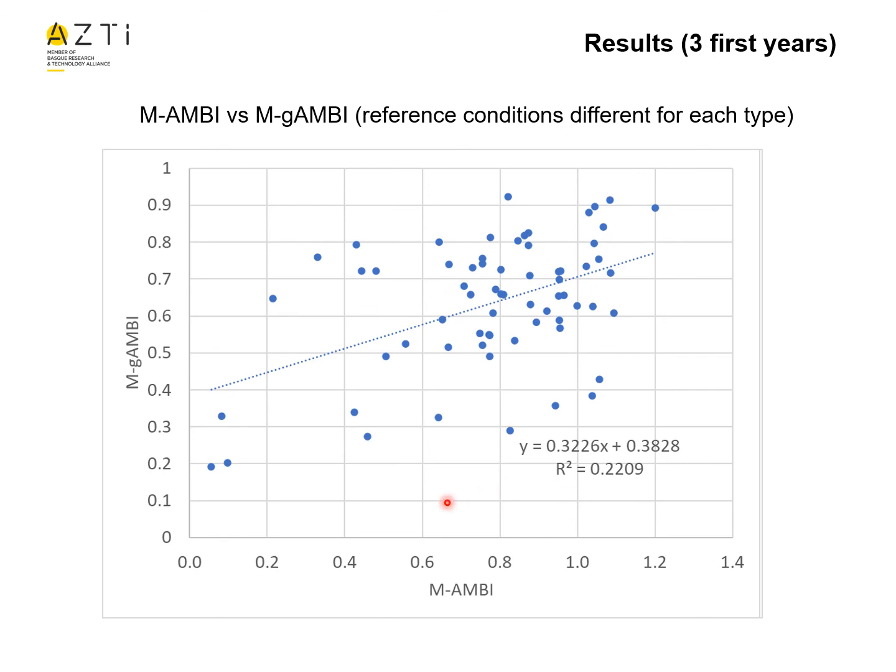So we then calculate with different reference conditions, and we improve this a bit, but it is still not very good. And this depends mainly on richness and diversity.